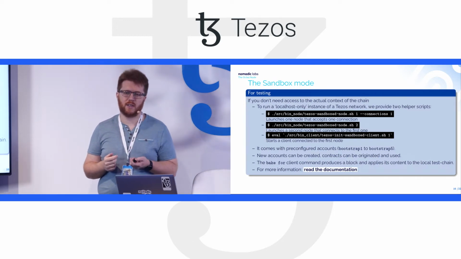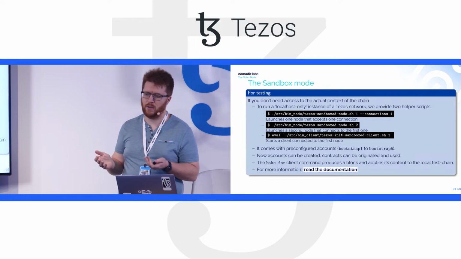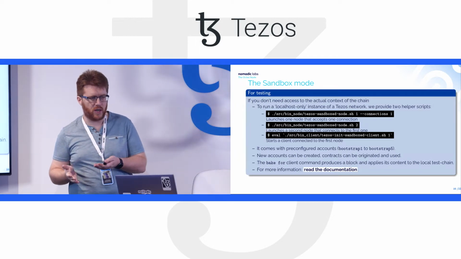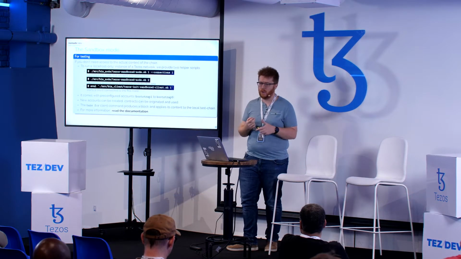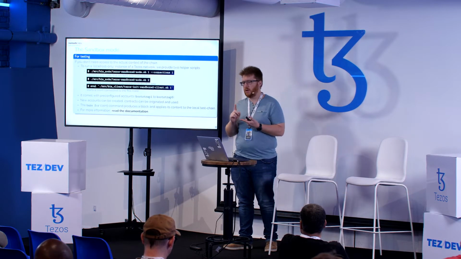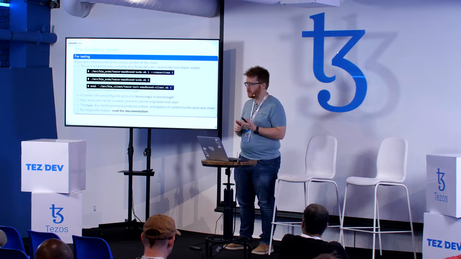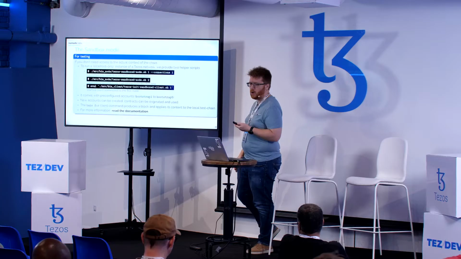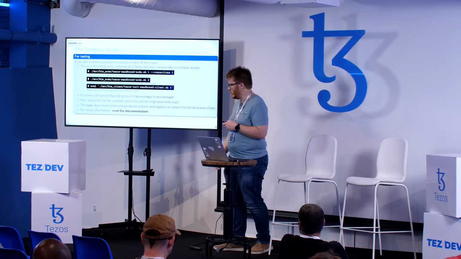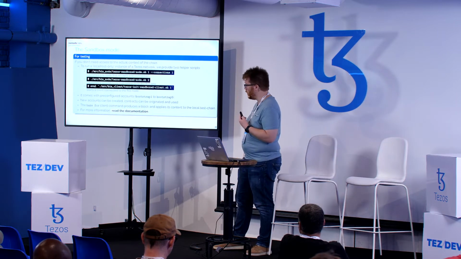Of course, they don't have access to the state of an actual chain, a test chain, or the main chain, but you can still use them to do some transactions, to originate and call some contracts, and to test your applications locally. So we invite you to use the sandbox mode or the equivalent in your DApp framework.